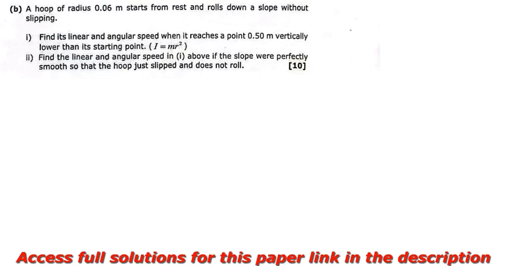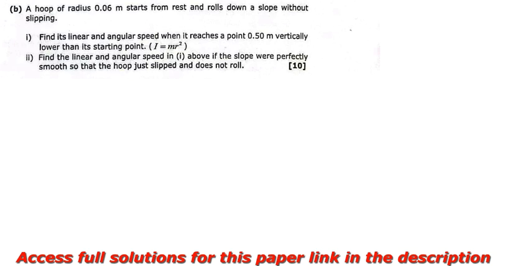A, find its linear and angular speed when it reaches a point 0.5 meters vertically lower than its starting point. We have been told that inertia is given by mr squared. Then part 2 is saying find the linear and angular speed in part 1 above if the slope were perfectly smooth so that the hoop just slipped and does not roll.